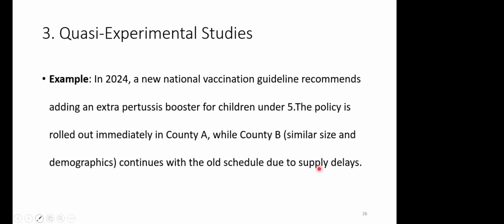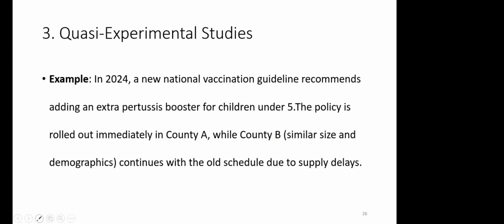So you may not confidently say that incidence of pertussis reduced in county A and not in county B because of maybe adherence to the new vaccination guidelines, because county B was different from county A in terms of healthcare access and maybe other potential ways like reporting accuracy, population mobility, and this could now skew the results.